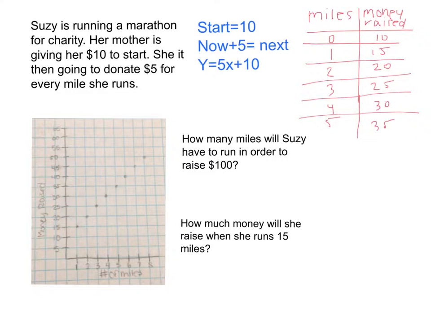Here are a few questions. How many miles does Susie have to run in order to raise $100? To figure this out, you'll have to plug in 100 for y. And then you subtract 10 from each side.